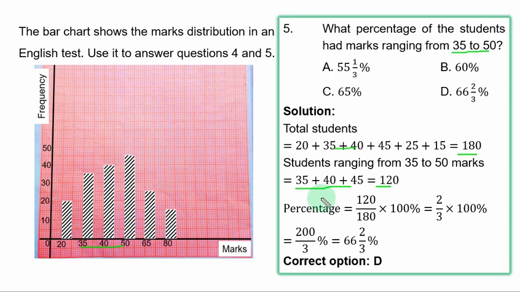So percentage becomes 120 over total students, 180, times 100%. That reduces to this. When you express as a mixed fraction, you have 66 whole number, 2 over 3%. D is the correct option.